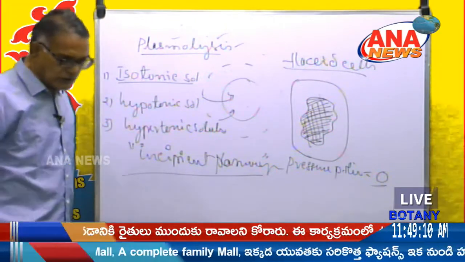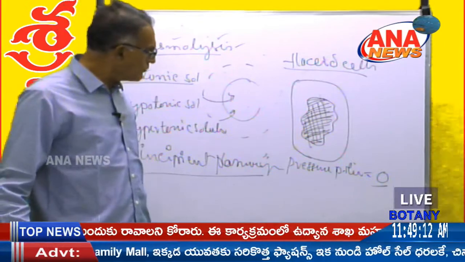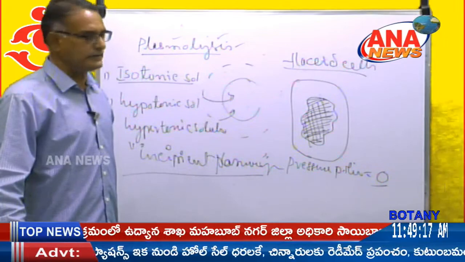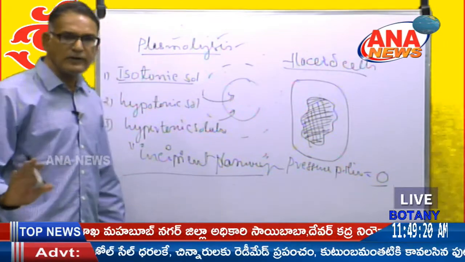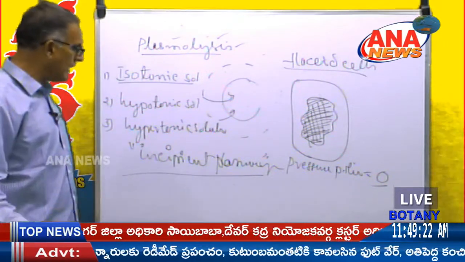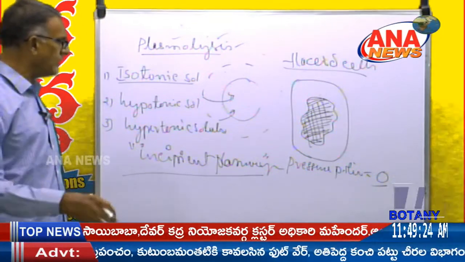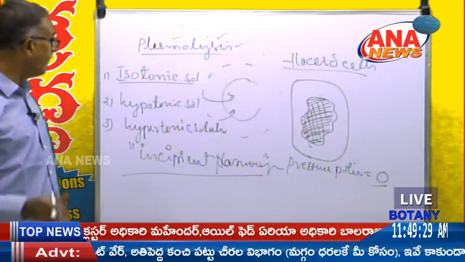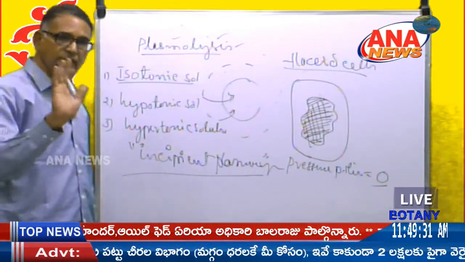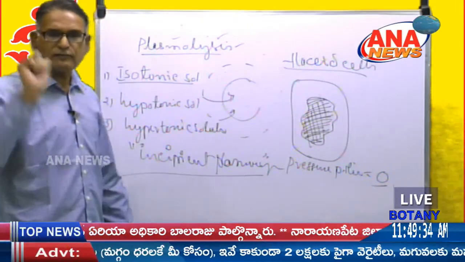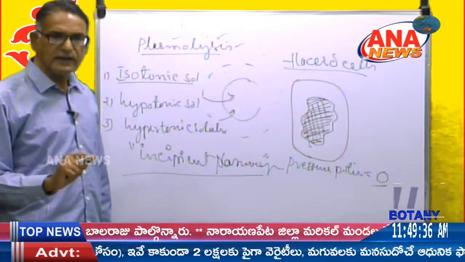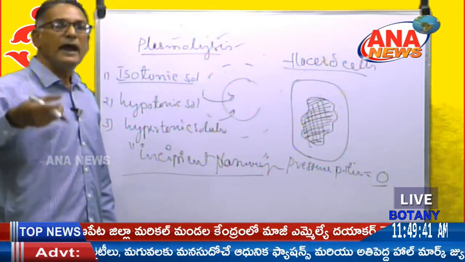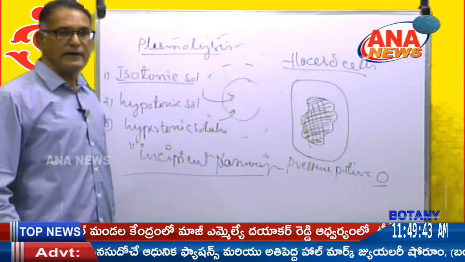Generally, naturally, plasmolysis does not occur in plants. Generally, plasmolysis does not take place in the natural environment, except in extreme water stress conditions and salty habitats only.